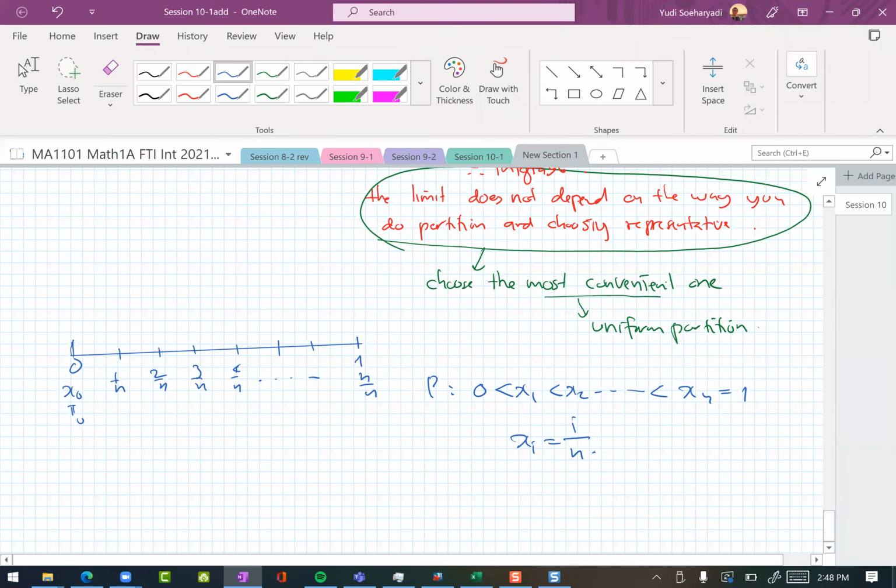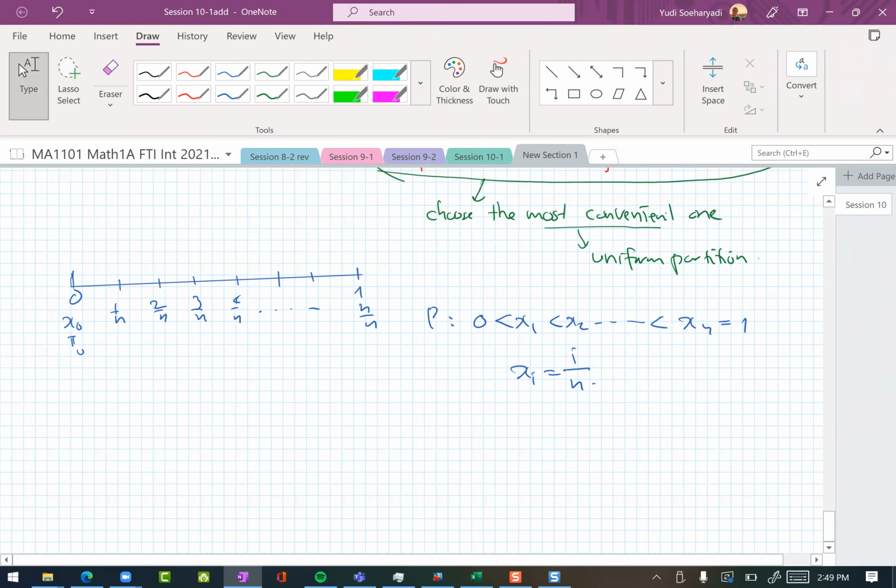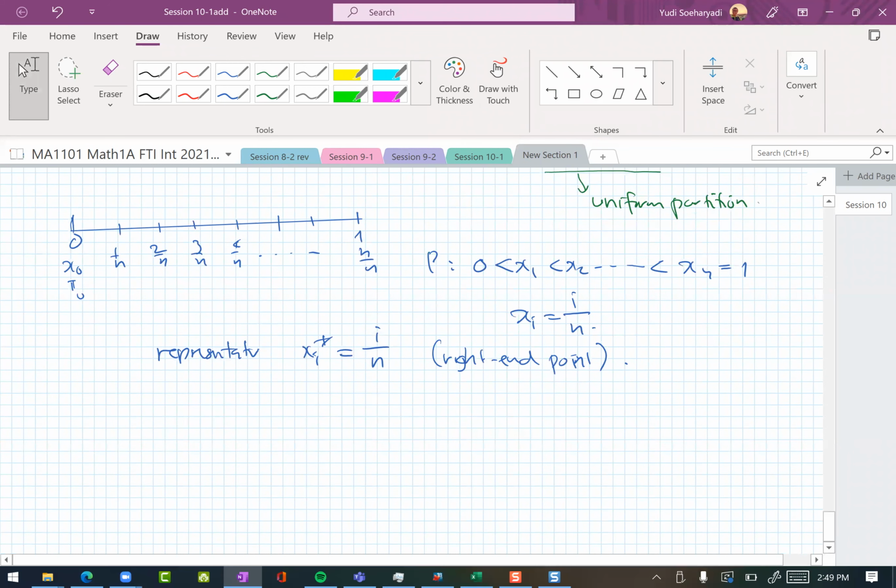And we choose the representative equals, say, same thing here. So this i over n, so right endpoints. Okay, right endpoint. Let's compute this.